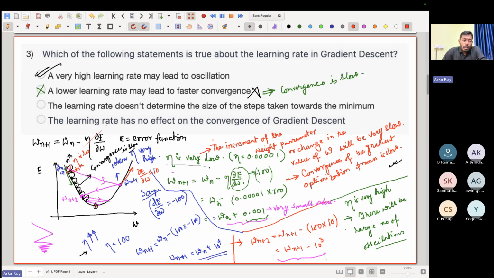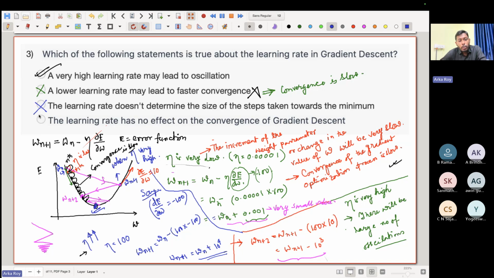Whereas if you take the eta value to be very high, you get several oscillations to reach this particular point. So indeed eta plays an important role in determining the step size to reach the minima, because your main aim is to reach this minima point. When you reach it, del E by del W will be equal to 0, so eta multiplied with 0 will be equal to 0. That means W n plus 1 is equal to W n, and your optimization process will stop there. So this option is also incorrect.